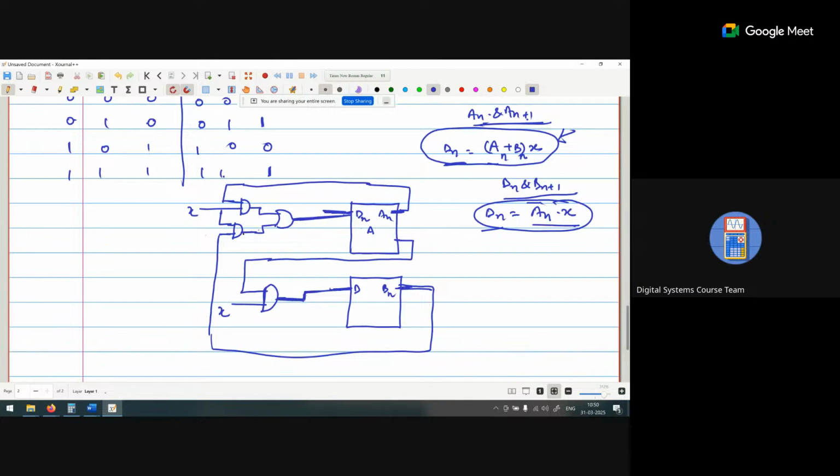Okay, if An bar is not available, what we do, we have to use one NOT gate. An in the input and NOT gate. So An bar we are getting, and after that we are using the AND gate of An bar dot x.